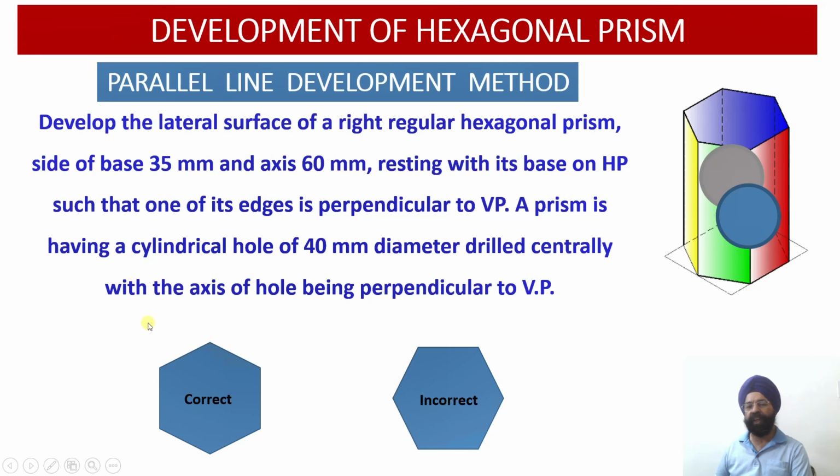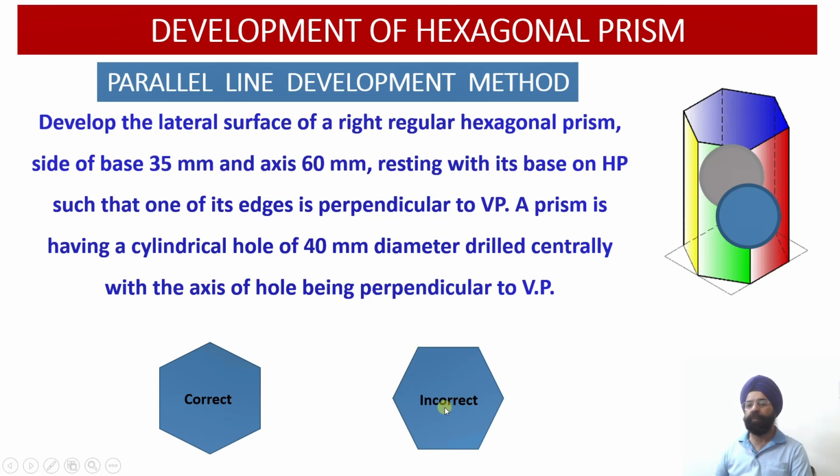If we draw the hexagon in this orientation below the XY reference line, then we will find that none of the edges of this hexagonal base will be perpendicular to the vertical plane. Here we have one edge parallel to VP, but we require one edge to be perpendicular to the vertical plane.